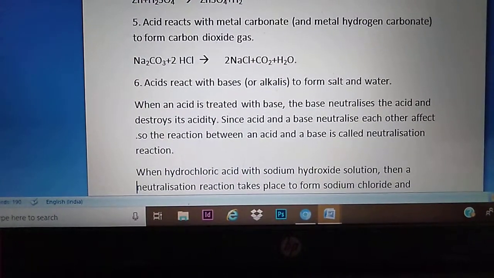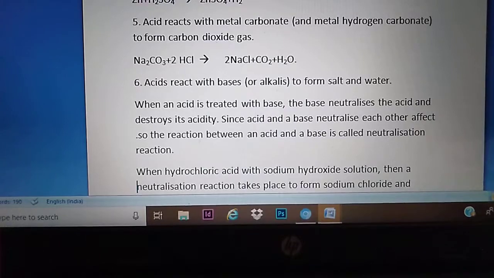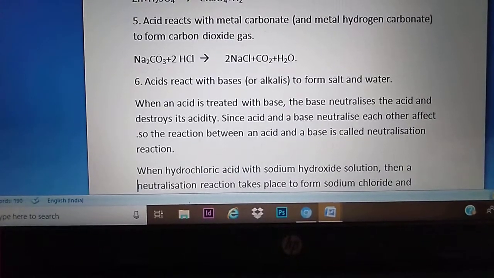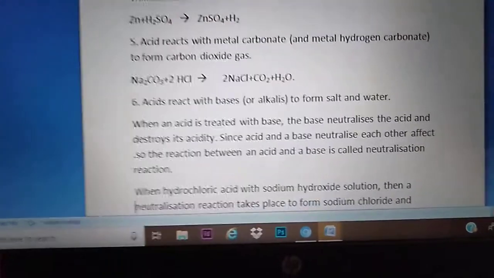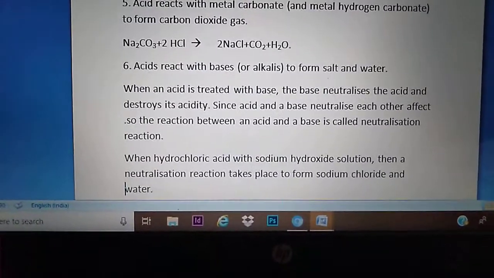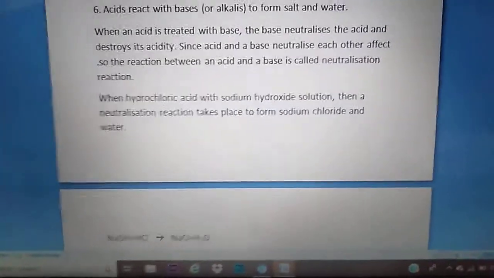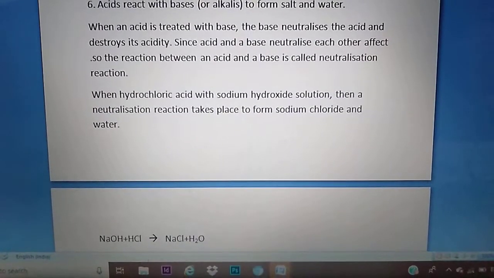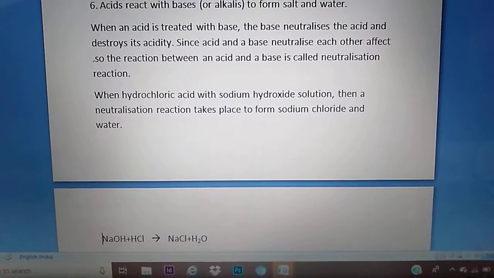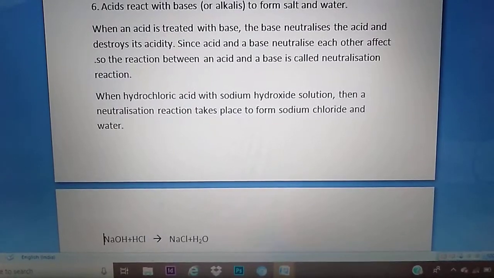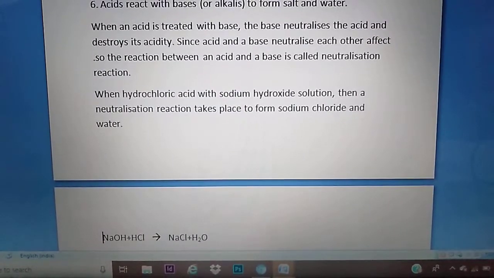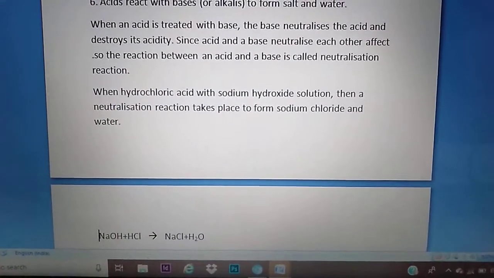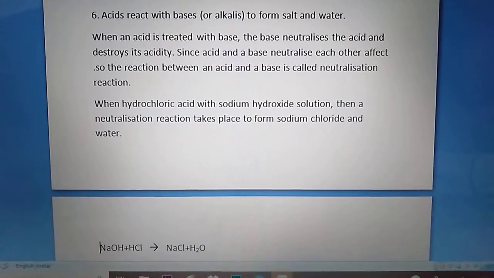Now the other property of the acid is that acid reacts with bases or alkalis to form salt and water. Now you know bases, some common bases are sodium hydroxide, potassium hydroxide. So actually the reaction between the acid and base is known as a neutralization reaction. Why? Because here an acid neutralizes the effect of a base and a base neutralizes the effect of the acid.